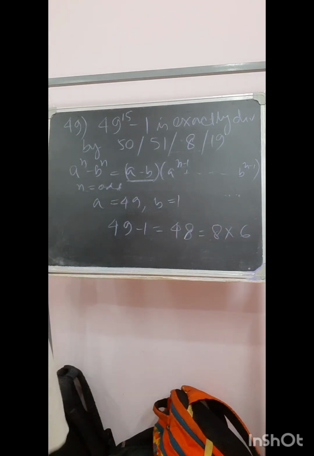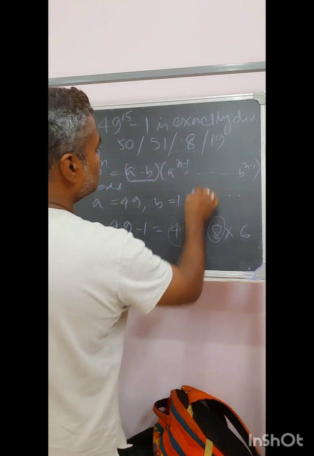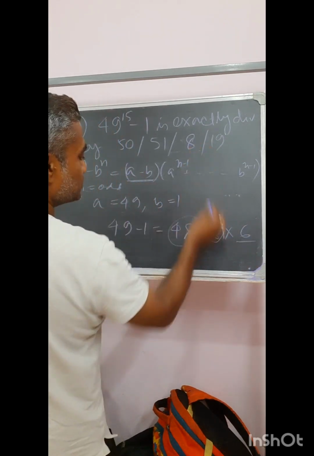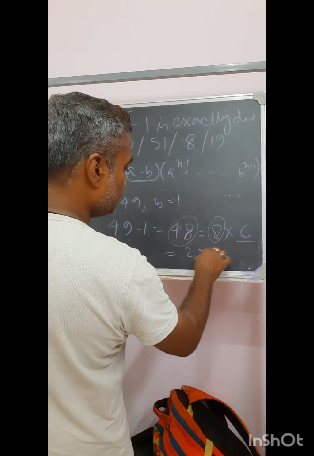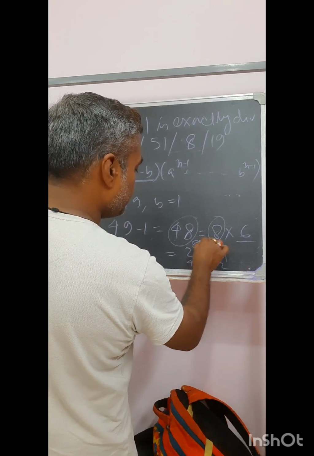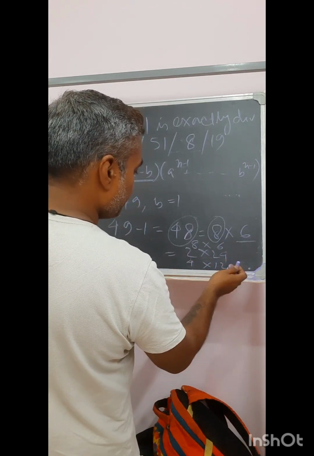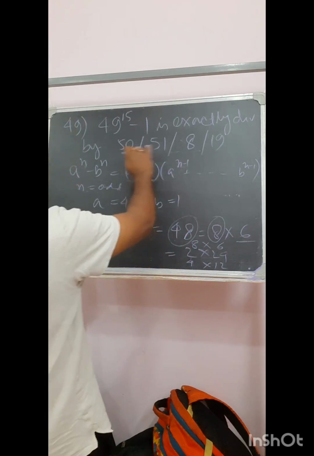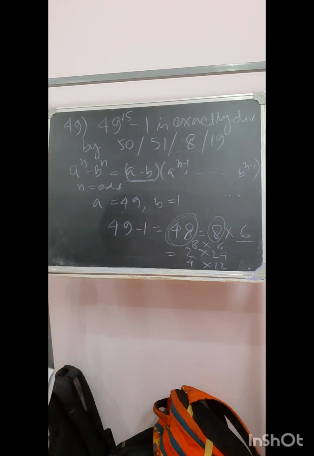By this I also say that as 8 is a factor of 48, it would be a factor of this also, or otherwise if 6 is an option. So whatever is a factor of 48, 2 into 24, 4 into 12, 8 into 6, or any other combination, can be an option, and that will be your answer if 48 is absent.